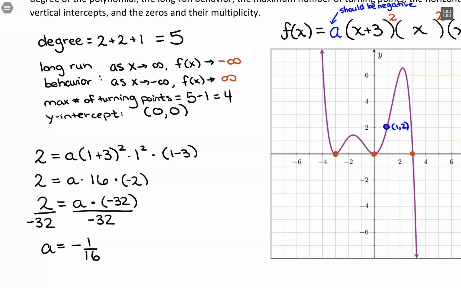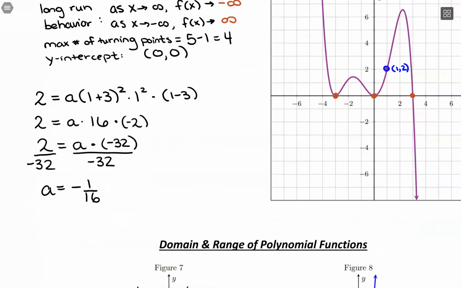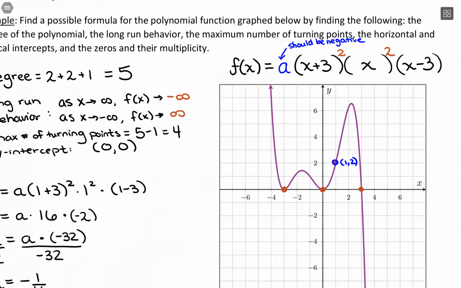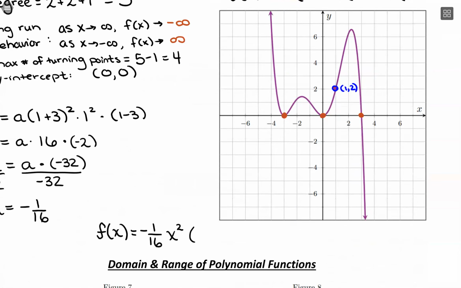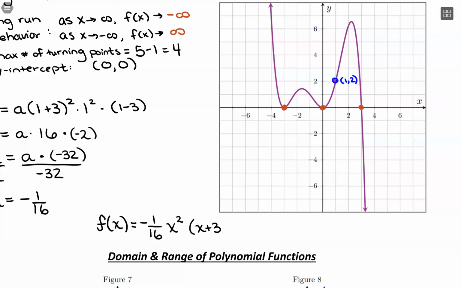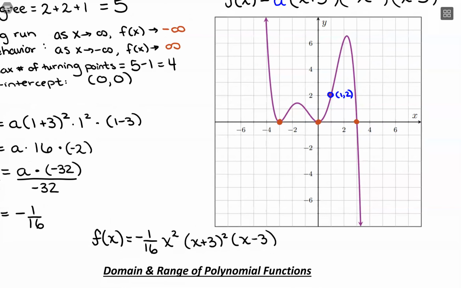From there, we'll have our function with this value out front of negative 1 over 16. Typically, and this isn't a big thing, this x squared goes out front, so I'm just going to put that x squared right there so it matches the notation you'll see. Then we'll have (x plus 3) squared and (x minus 3) not squared. And that would be our function there.